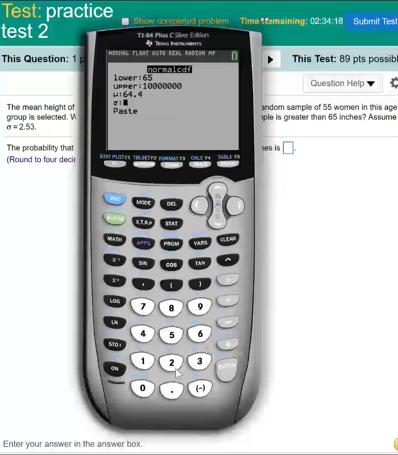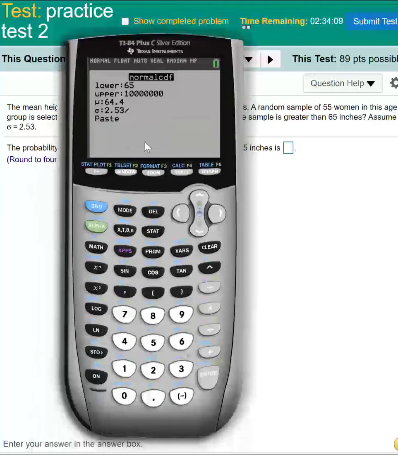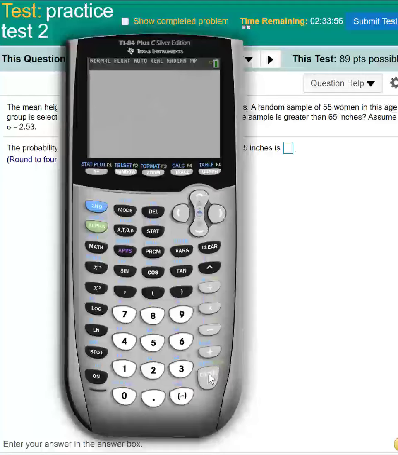Standard deviation, it's not 2.53, it's 2.53 divided by the square root of the sample size, which is the square root of 55. Don't forget that. And now you're going to get the right answer because it's the probability of X bar greater than 65. It will be 0.0393.